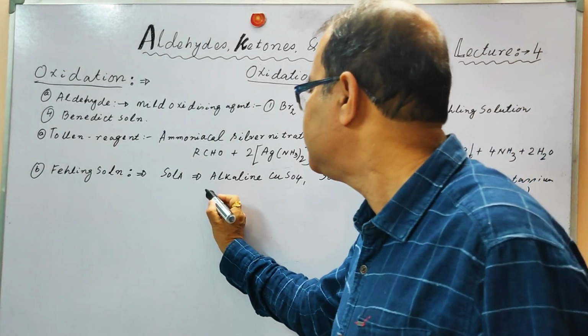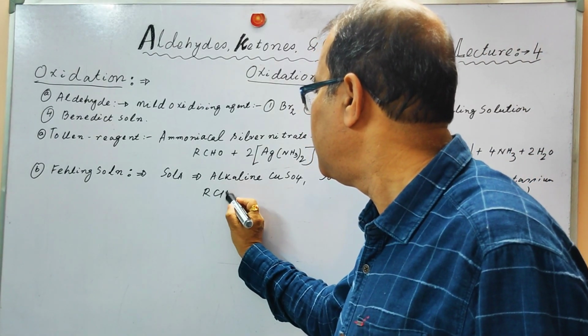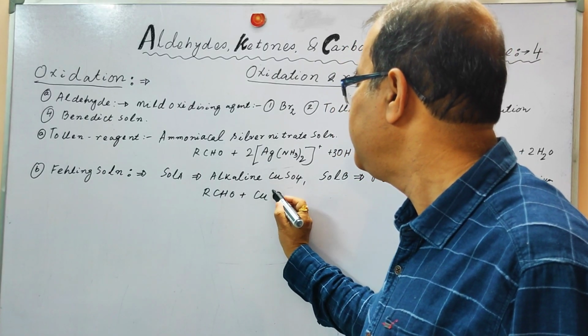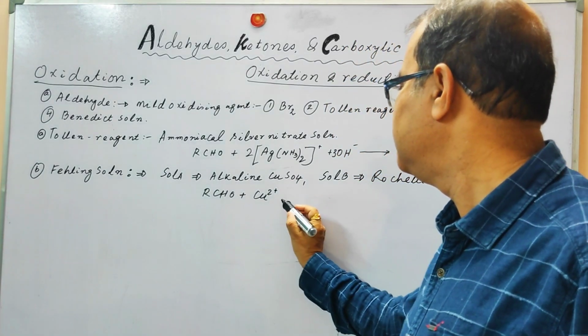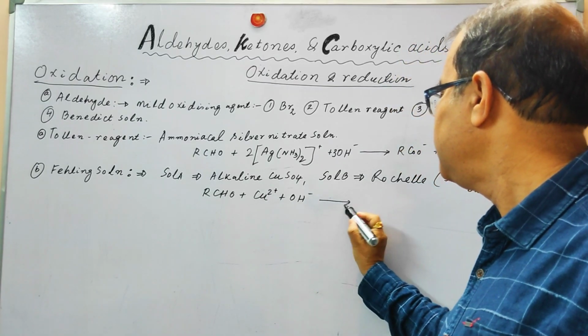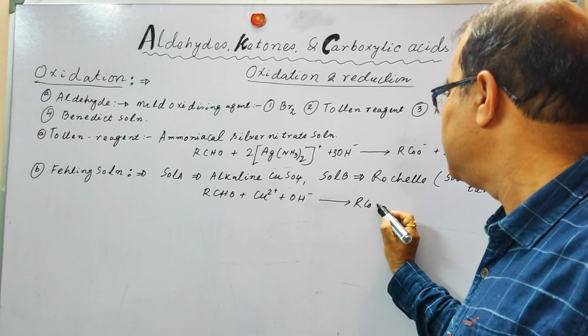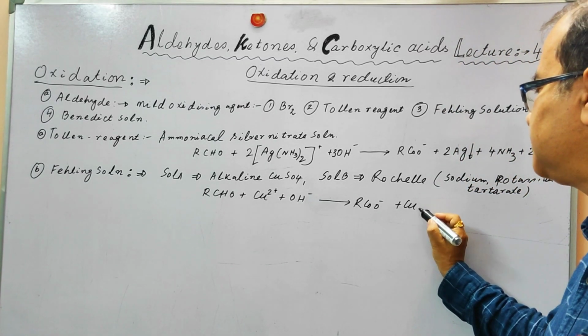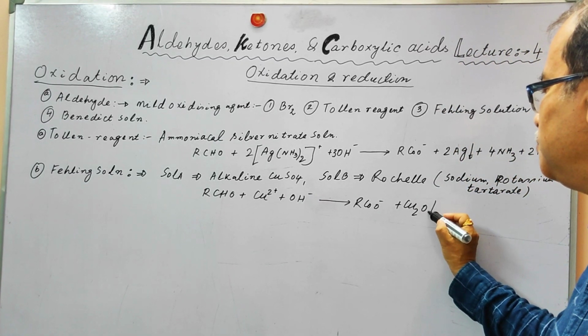And the reaction for this: RCHO, taking the ions, plus OH minus, gives the carboxylate ion, plus there is a precipitate of Cu2O.